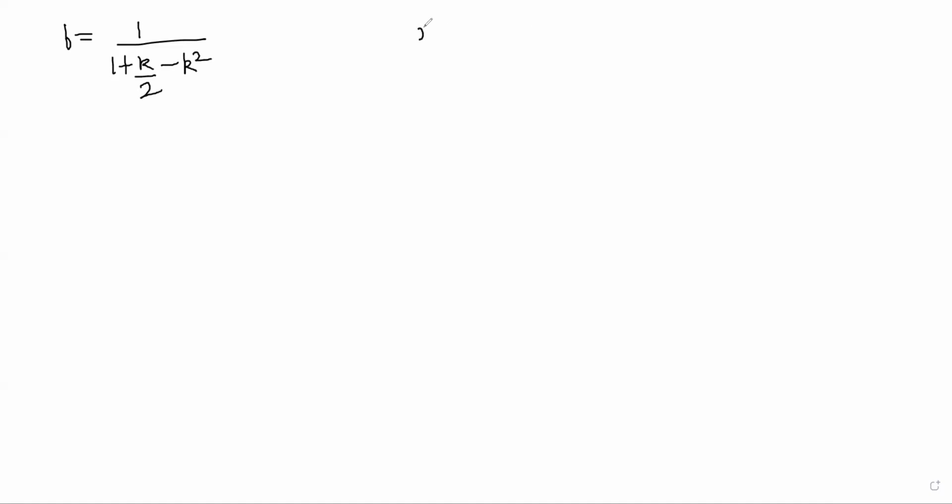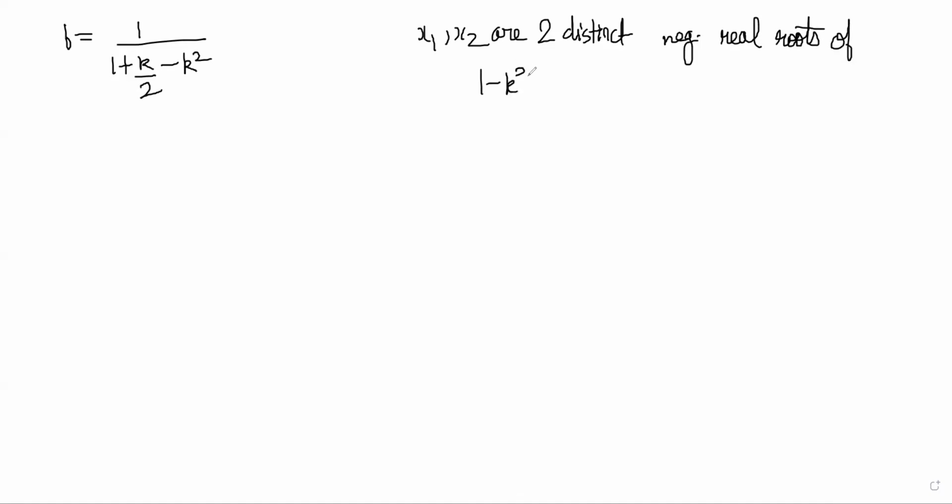And we also know that x1 and x2 are two distinct negative real roots of the quadratic equation (1 - k²)x² - 2kx - 2 = 0.